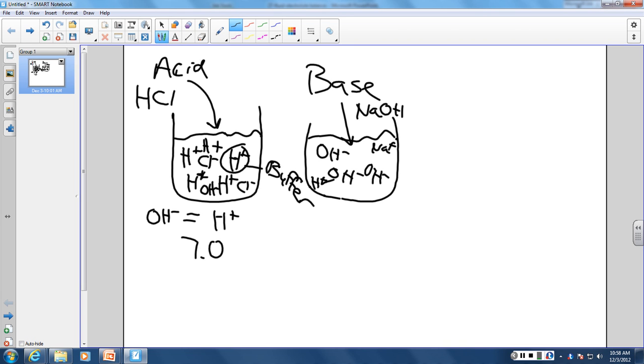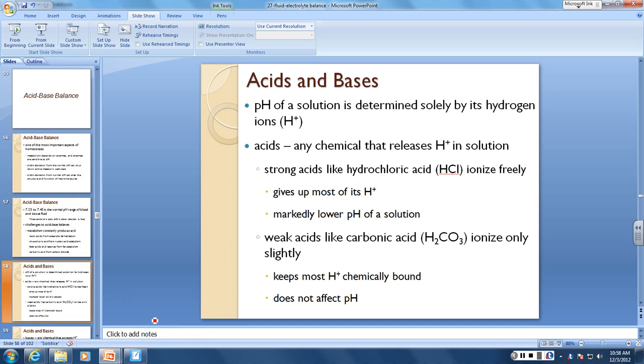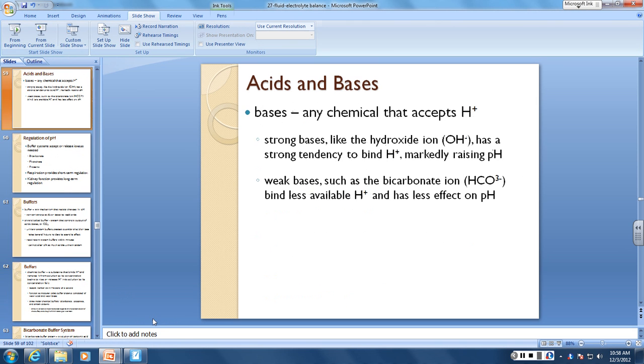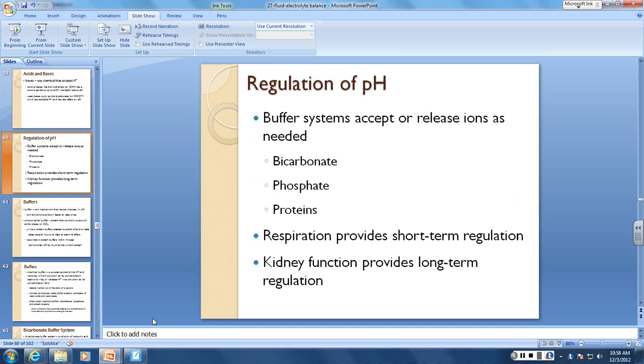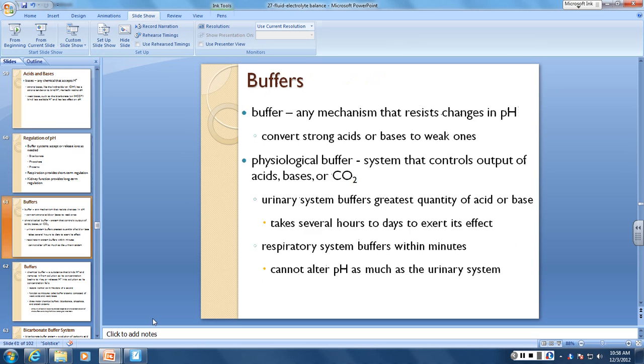If I go back to the slide here, let's see. These are the buffers: bicarbonate, phosphate, and protein buffers. So again, all they do is connect either the hydrogen or hydroxide, depending on the situation.